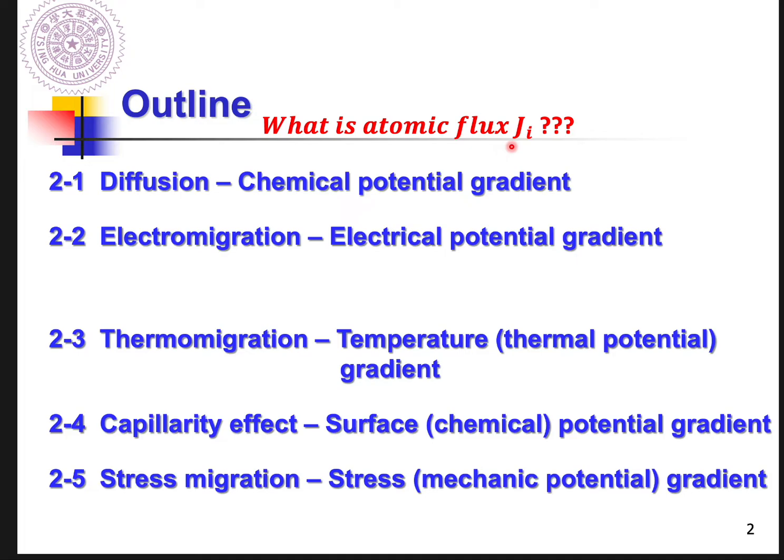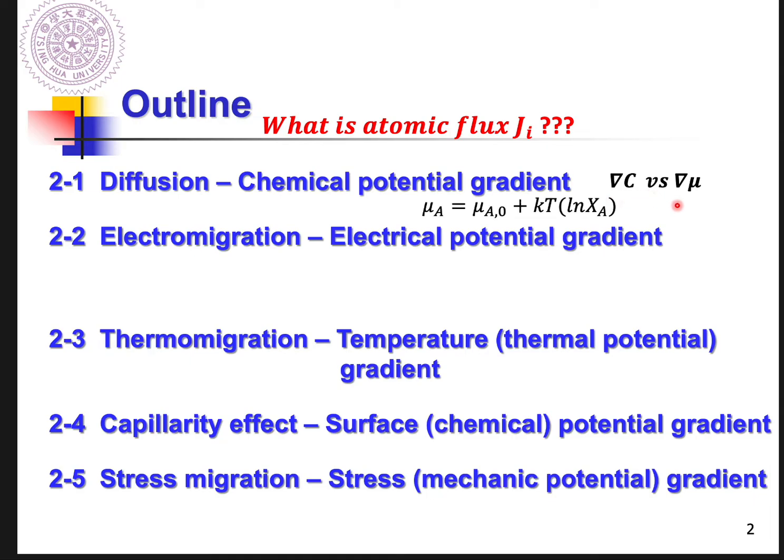Okay, so for the first section, we are going to define what diffusion is. Diffusion is a mass transport phenomenon in solid materials. The driving force, as you know, is the chemical potential gradient instead of a concentration gradient.